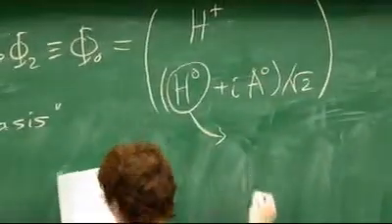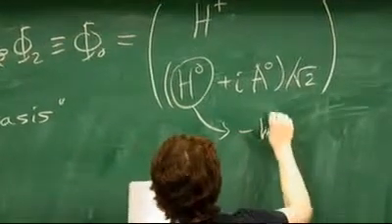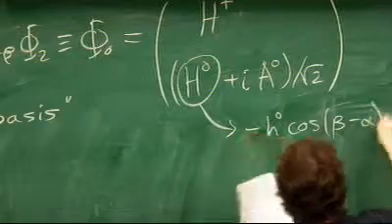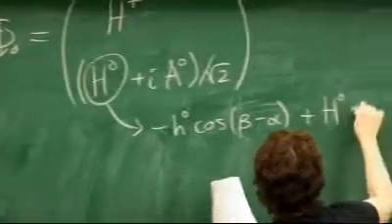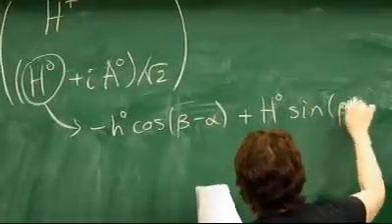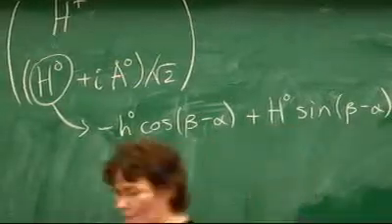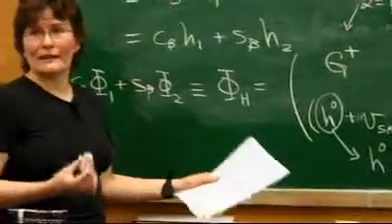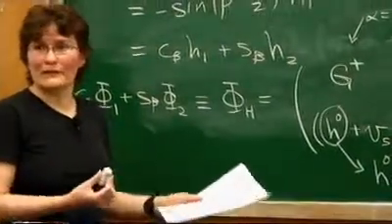And what shows up down here is minus little h cos beta minus alpha plus big H sine beta minus alpha. Right? So sine beta minus alpha basically parameterizes how far you are from little h living entirely in the doublet where the vacuum expectation value resides.